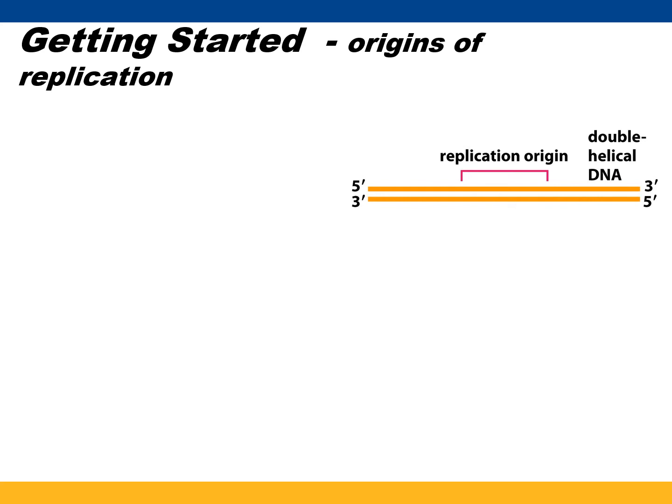In the case of bacteria, it is a specific spot. You have one exact spot that seems to have this special DNA sequence. In eukaryotes, you tend to have many of them. But in any case, it's what we call a replication origin, where we can melt the DNA and start replication.